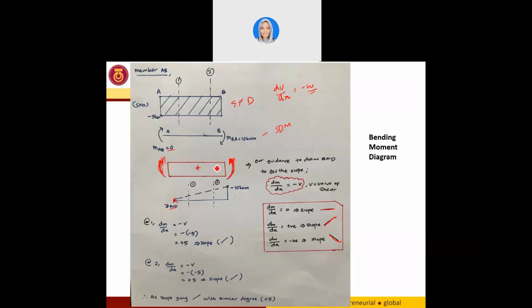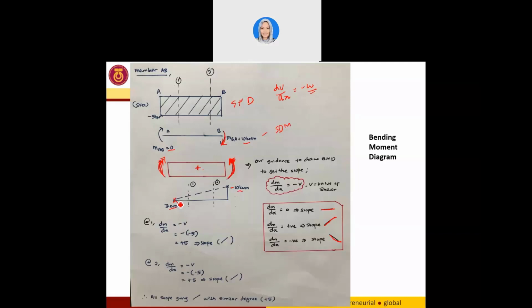However, our guidance says that if the direction is anti-clockwise, it is positive. Here the direction is clockwise, so it is negative. This is why it is negative 10 kilonewton meter.